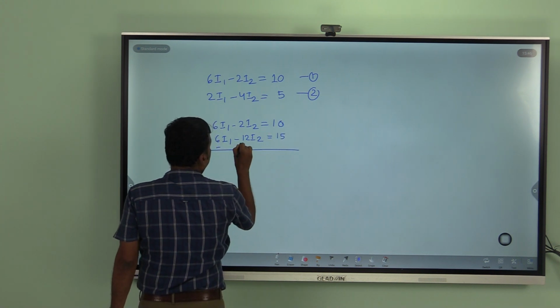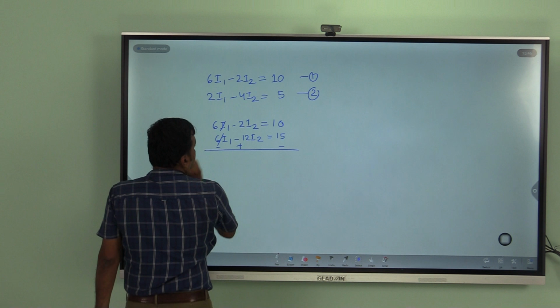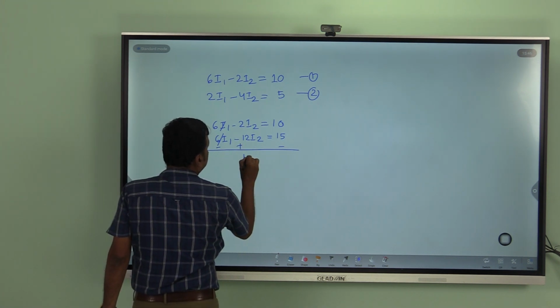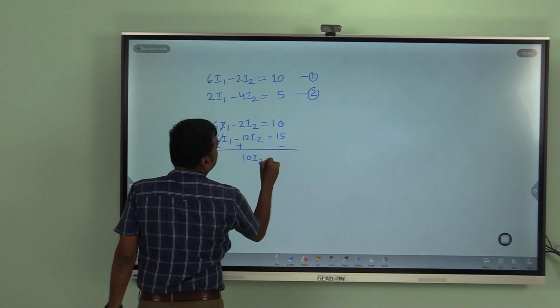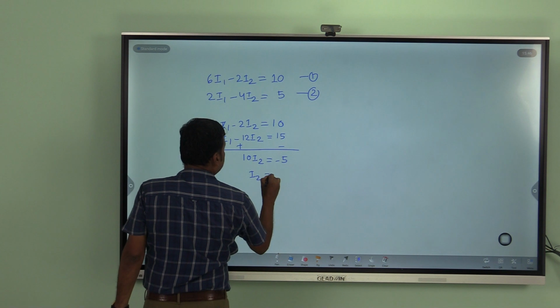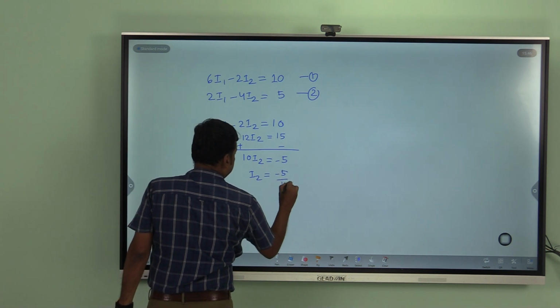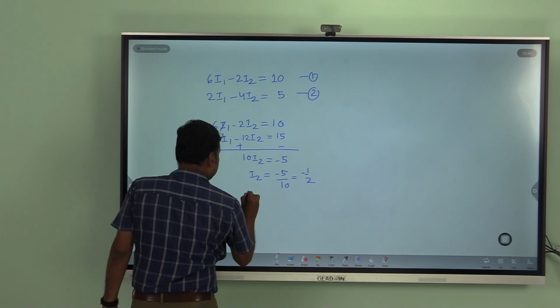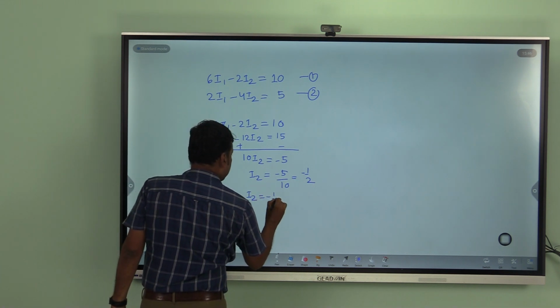Subtracting, minus 2 plus 12 will be how much? 10 I2 equal to minus 5. I2 equal to minus 5 by 10, that is minus 1 by 2. So, the I2 value is minus 1 by 2.